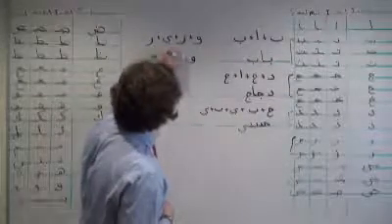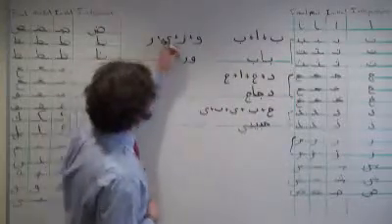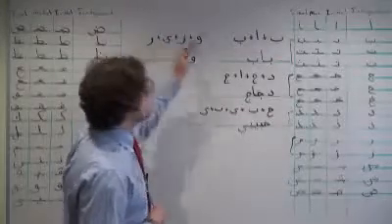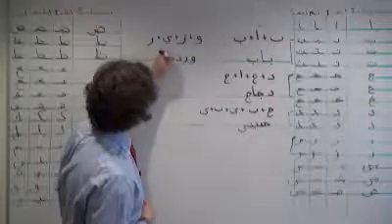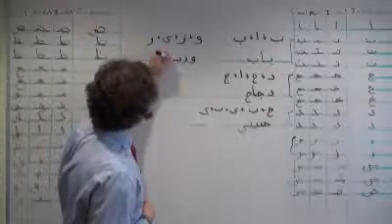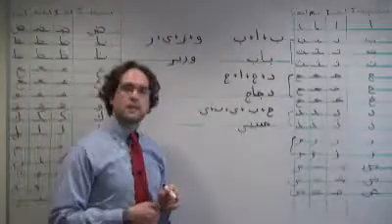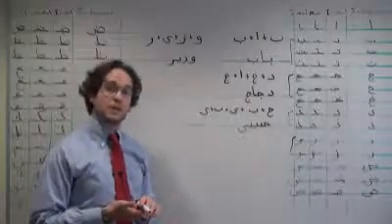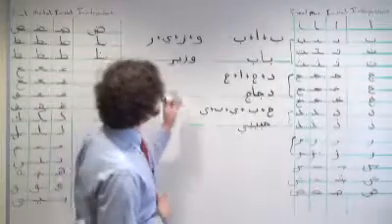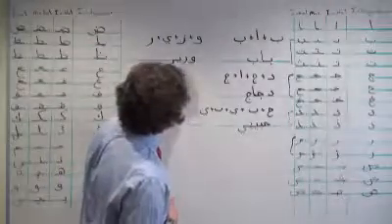Waw, za, which, as we see here in its medial form, also doesn't connect. Ya, ra, wazir, which means secretary or minister in the governmental sense. How about another?